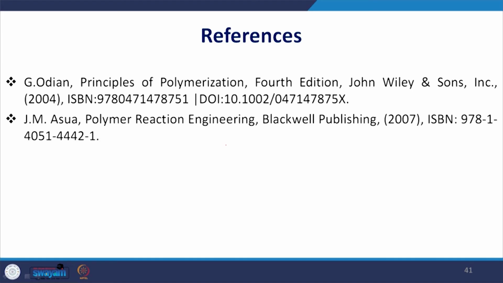So in this lecture, we discussed the different aspects of step growth polymerization. We presented a comparative note of step growth polymerization with respect to chain growth polymerization, and discussed the efficacy of step growth polymerization with respect to certain parameters.